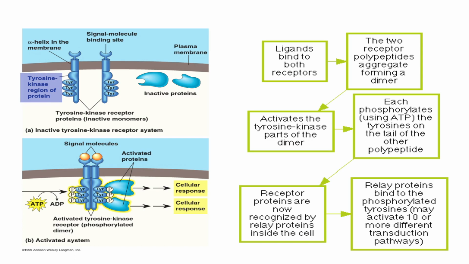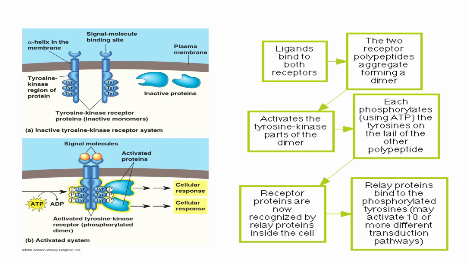So once the ligand binds, in this particular context, insulin, once it binds on both of them, the extracellular units are called alpha subunits, and then the intracellular units are actually called beta subunits.